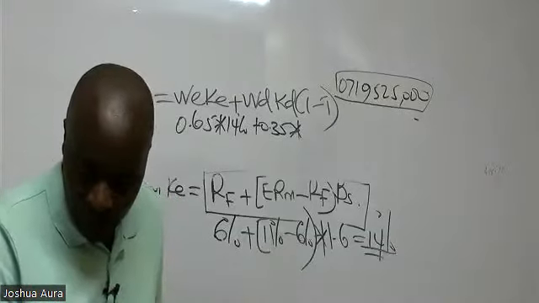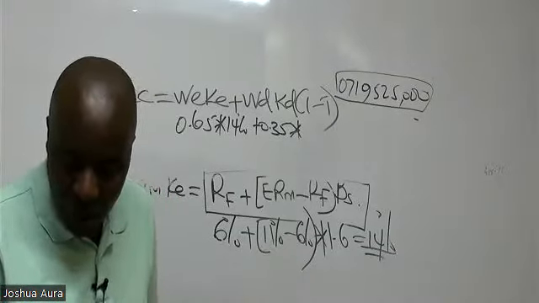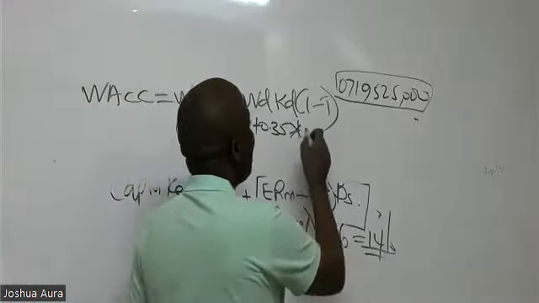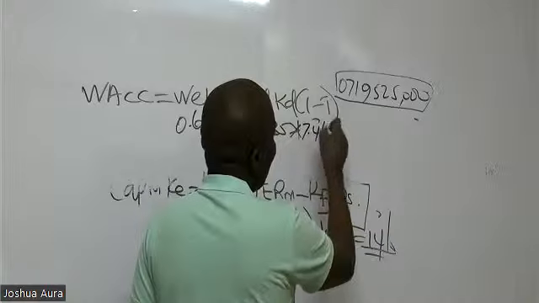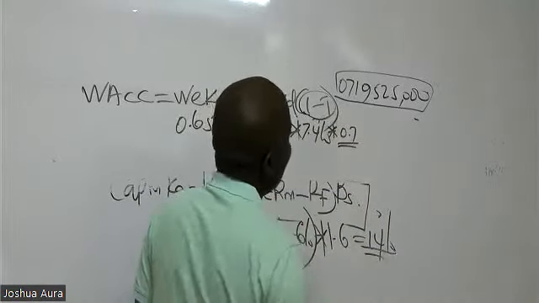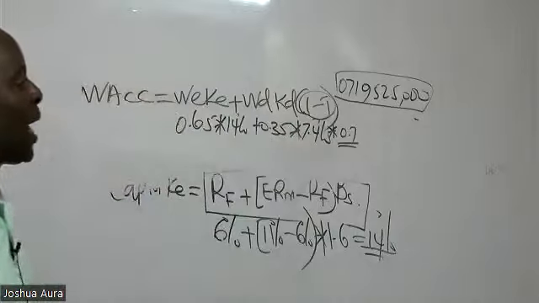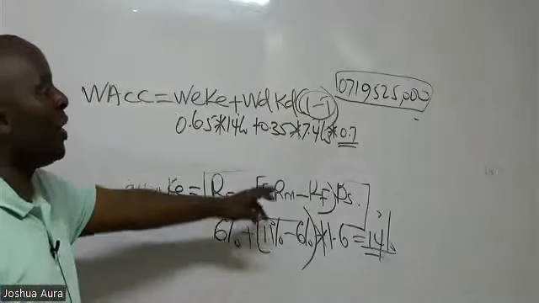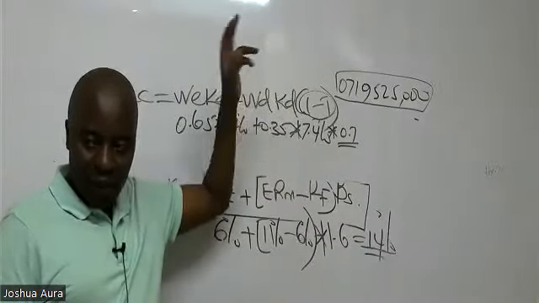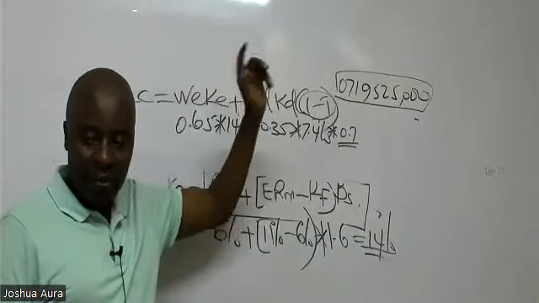In the last paragraph, they've given us a cost of debt of 7.4% before tax. So this is 7.4% before tax. It means I must multiply and adjust it for tax by multiplying this 7.4 with 0.7 that we got earlier on.